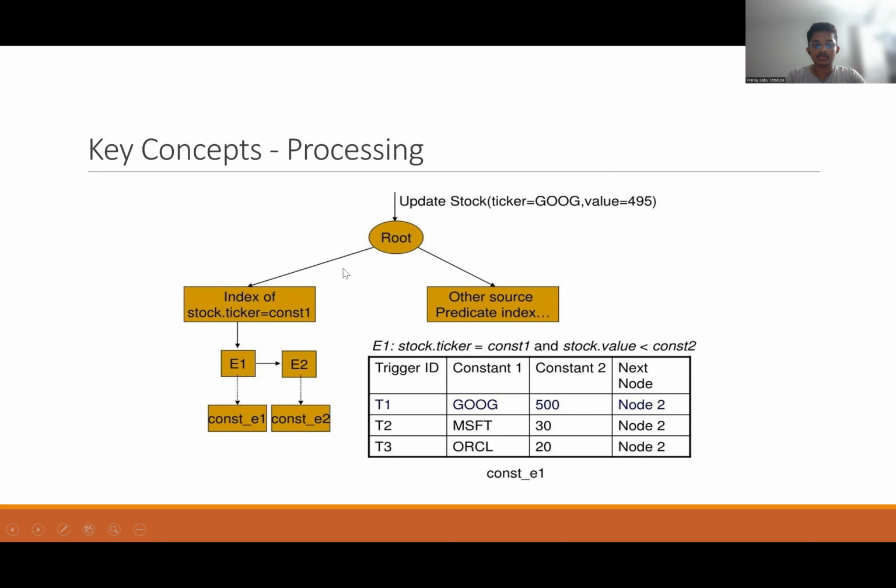The root has two nodes: one consists of the index of the ticker value, and the other consists of the predicate index source. This source mainly consists of three types of triggers, with the values Google, Microsoft and Oracle and the constant two values, which are 530 and 20.